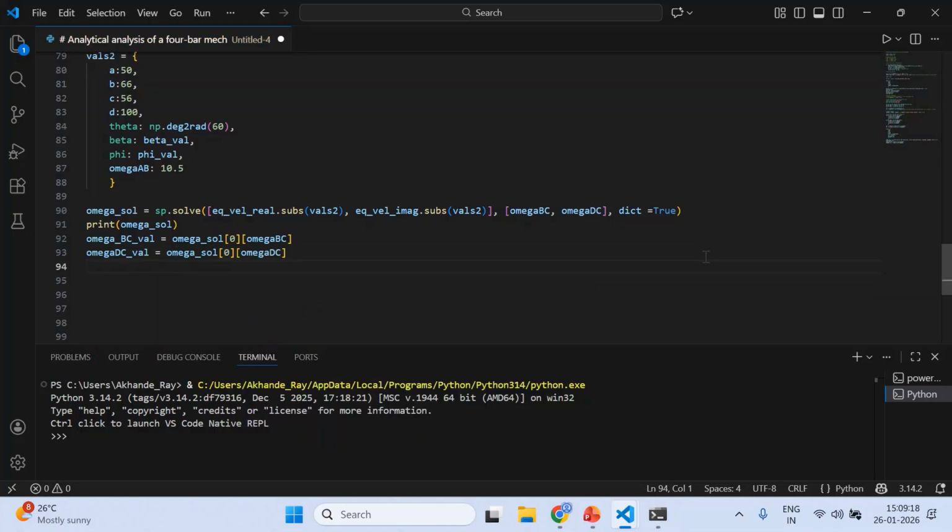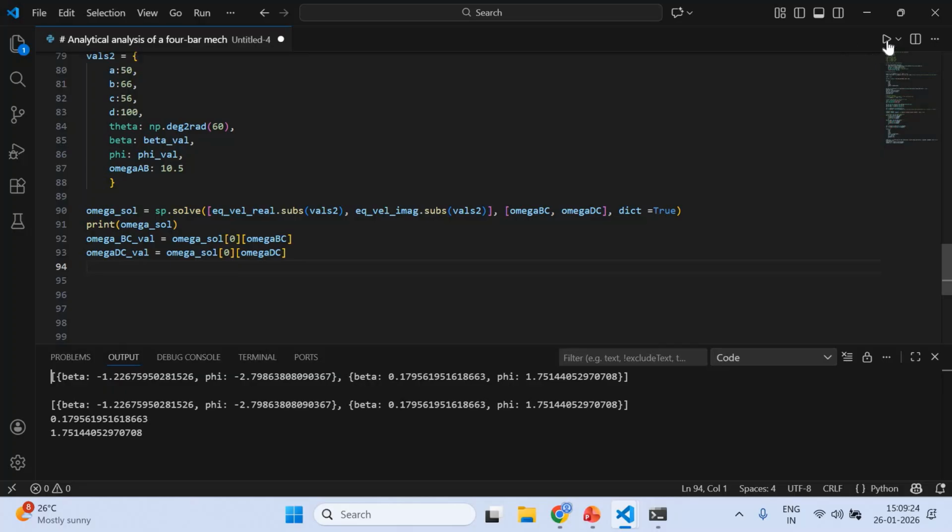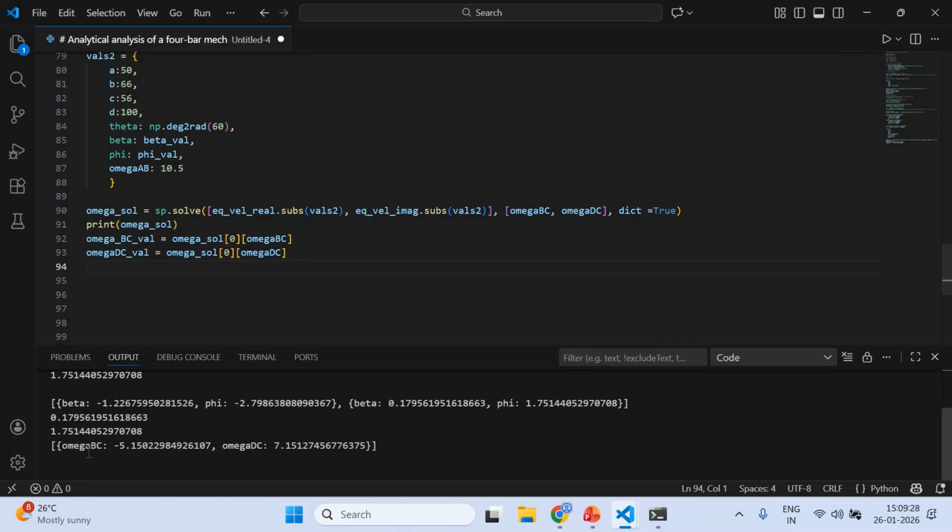Now let me run this code and check what solution we are getting. So now you can see we are getting these values for angular velocity omega BC and omega DC. You can match these values with the manual solutions, and we are exactly getting the same values here, right?